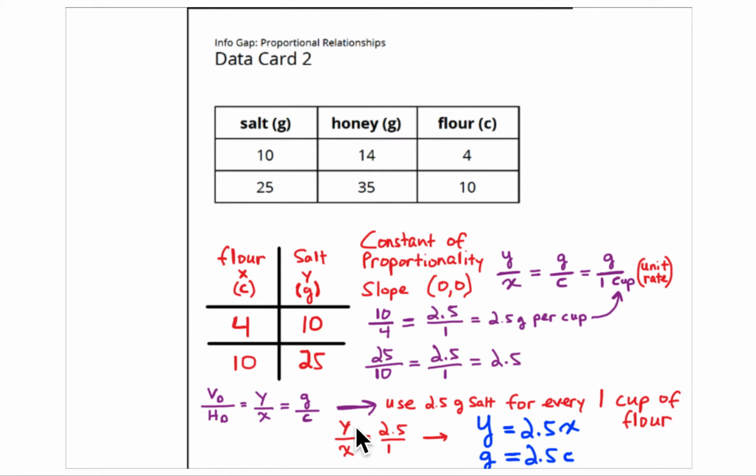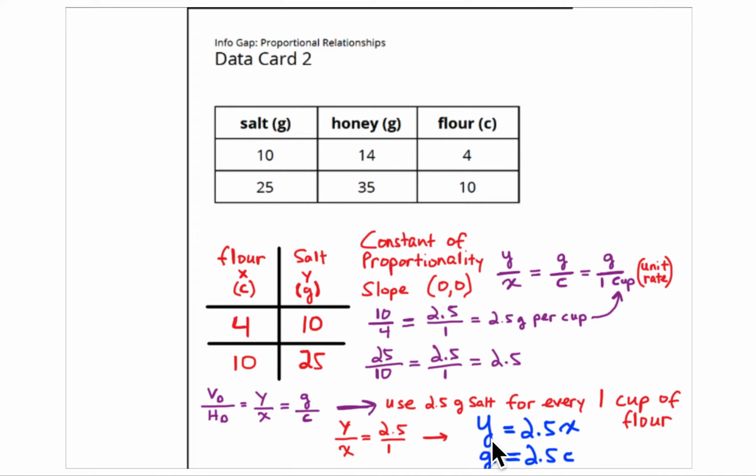And so you can read this in this direction. So the value for y is 2.5 times the value for x. So you can actually draw this arc around here and say the value for y is 2.5 times the value for x.